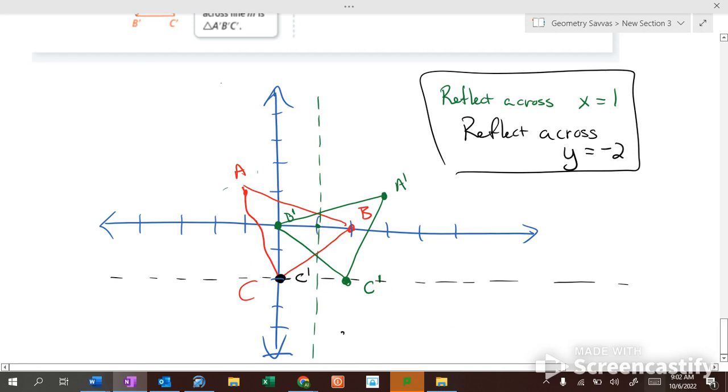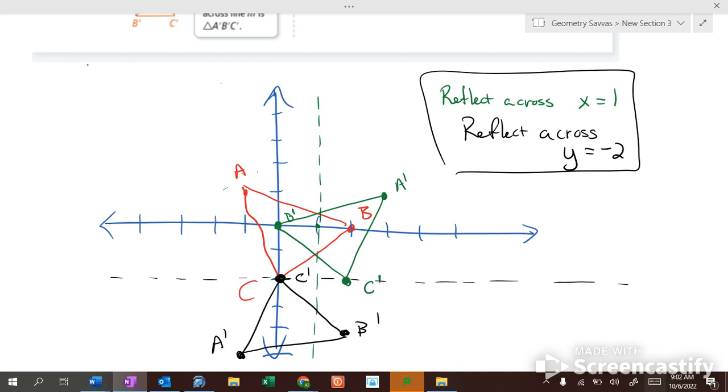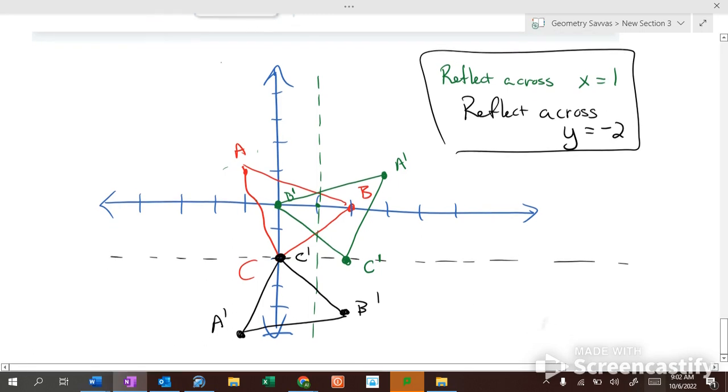If B is 2 above, B goes 2 below. If A is 3 above, then A goes 3 below. And that's a reflection of the red across the line y equals negative 2.